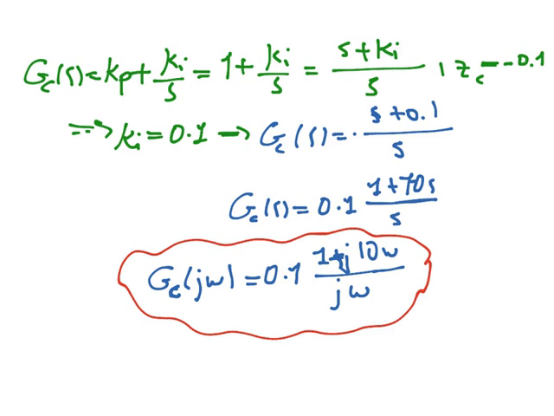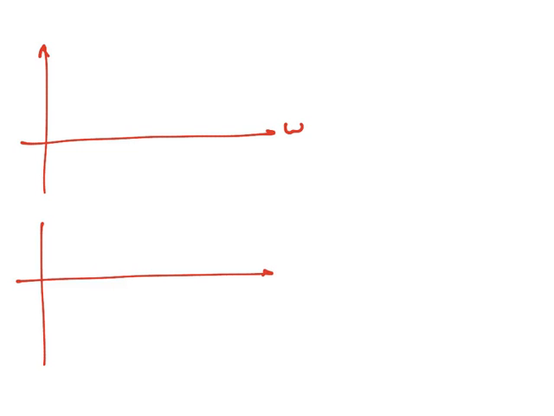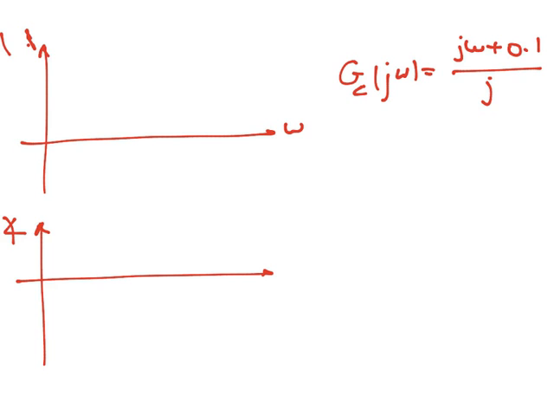Again, draw the Bode plot for this compensator just to practice: amplitude and phase plot for GC(j omega) equal to (j omega plus 0.1) over j omega. So the corner frequency here is 0.1.